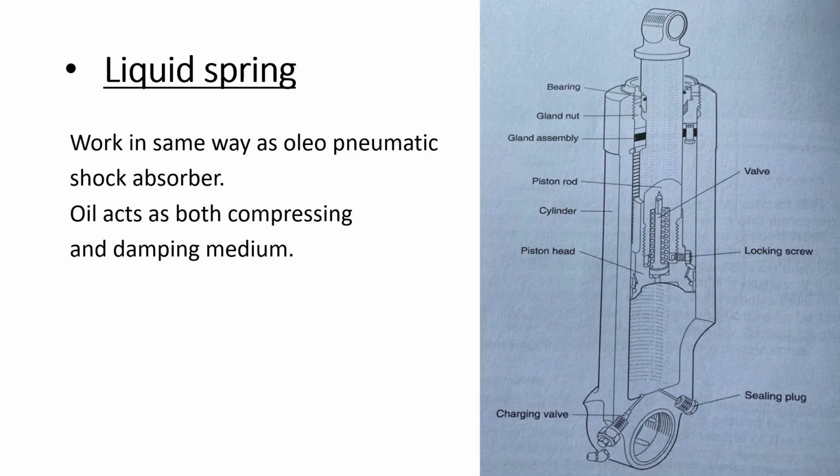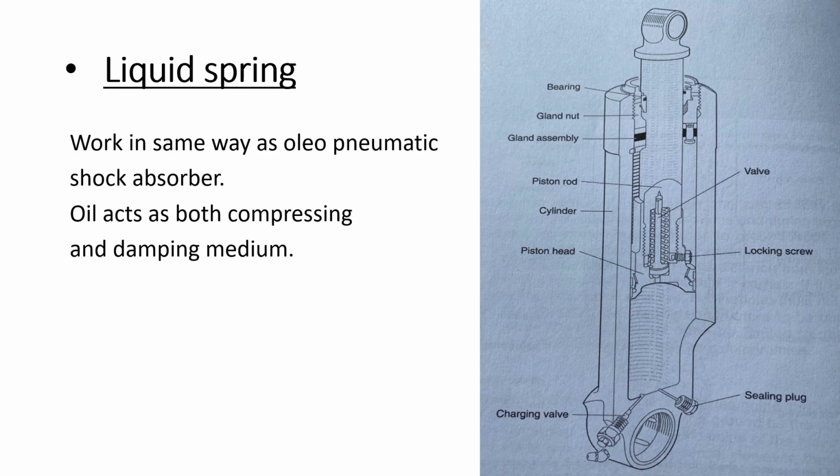Next is the liquid spring shock absorber, and it works in the same way as the oleopneumatic shock absorber. The only difference is that no gas is used in this type of shock absorber, only oil is used as a compressing or damping medium. The pictures are given here for the liquid spring shock absorber and for the oleopneumatic shock absorber as well.